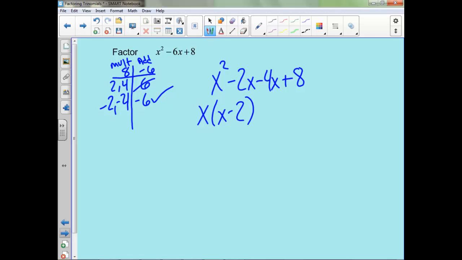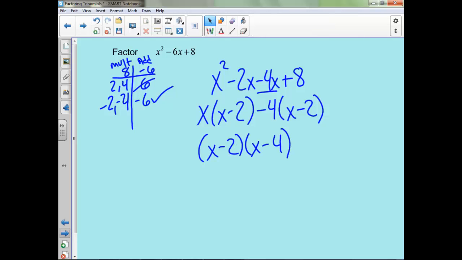And our GCF, let's take out a 4. And you can choose whether you want to take out a positive 4 or negative 4. Some people just go off of whatever this sign is and take that. So we can take out negative 4. So that's x minus 2. Now it's x minus 2, x minus 4.